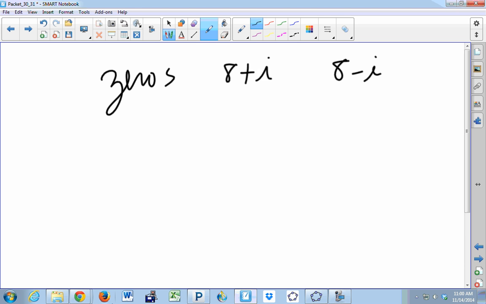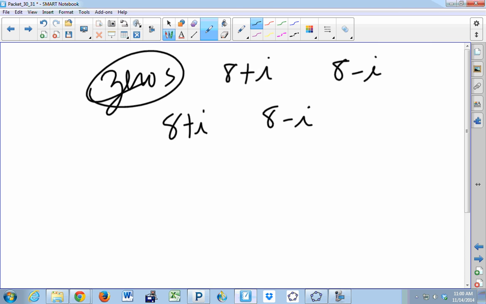The point here is it doesn't matter how many zeros you have. If I tell you one of your zeros is 8 plus i, the other one that comes along for free is the conjugate. So just put it in parentheses and treat it as a number.